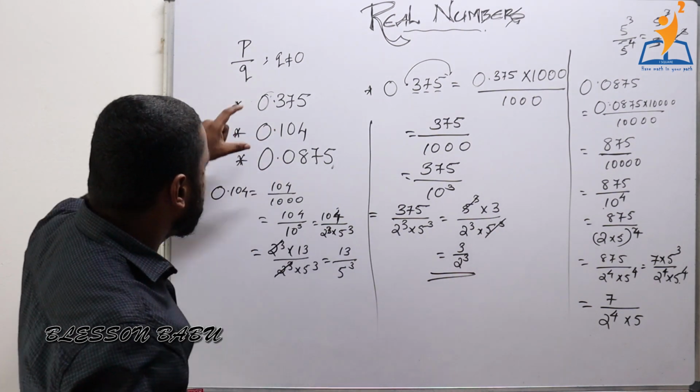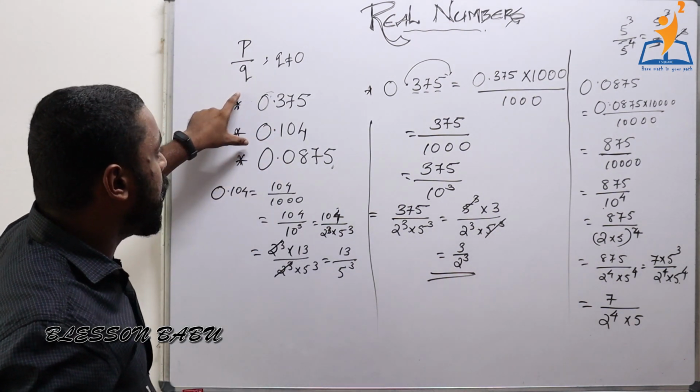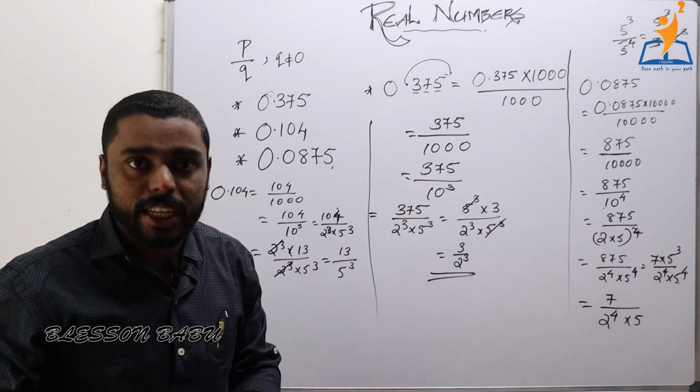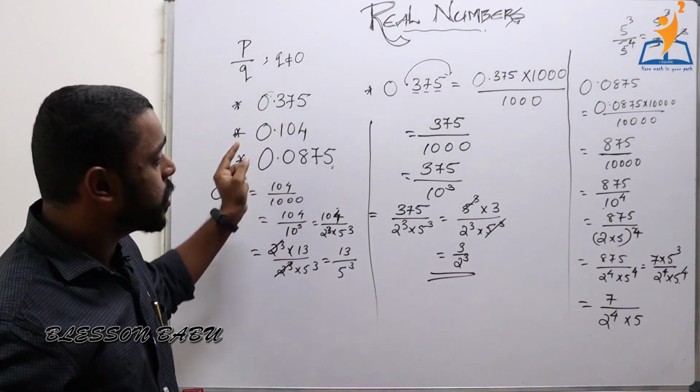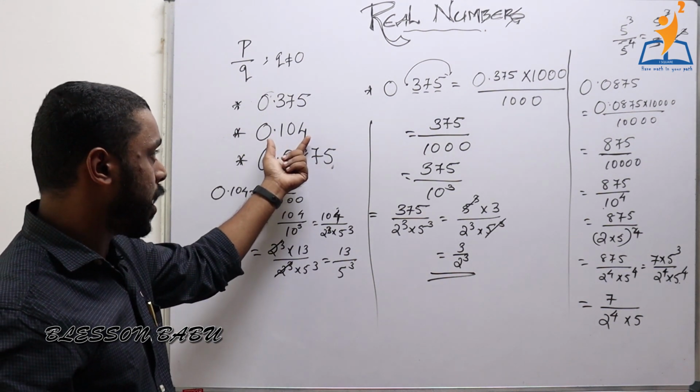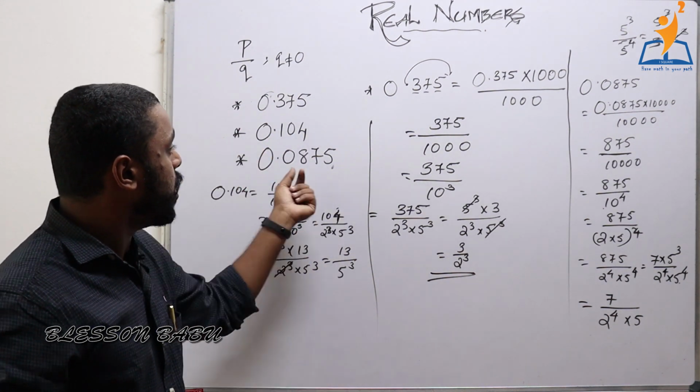Note that these three numbers have terminating decimal expansion. Here only 3 digits to the right of the decimal point, and here only 3 digits to the right of the decimal place, and here only 4 digits.